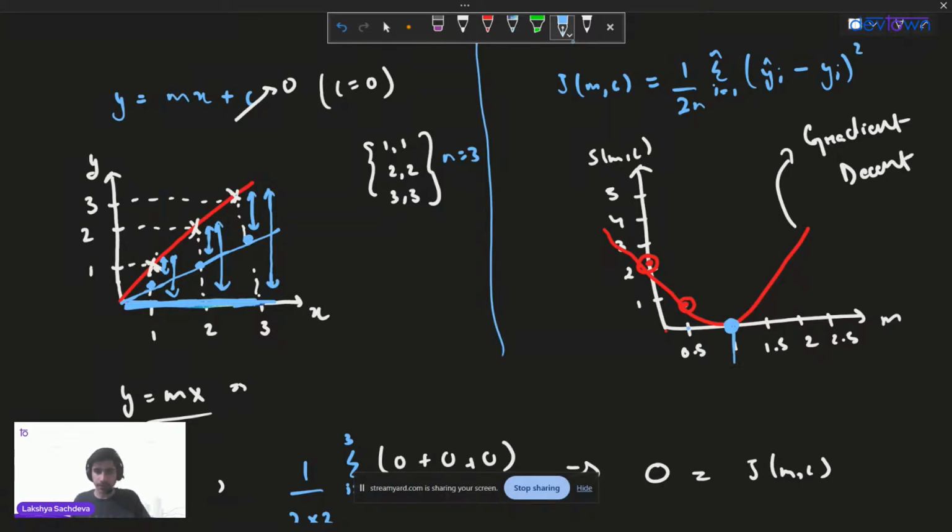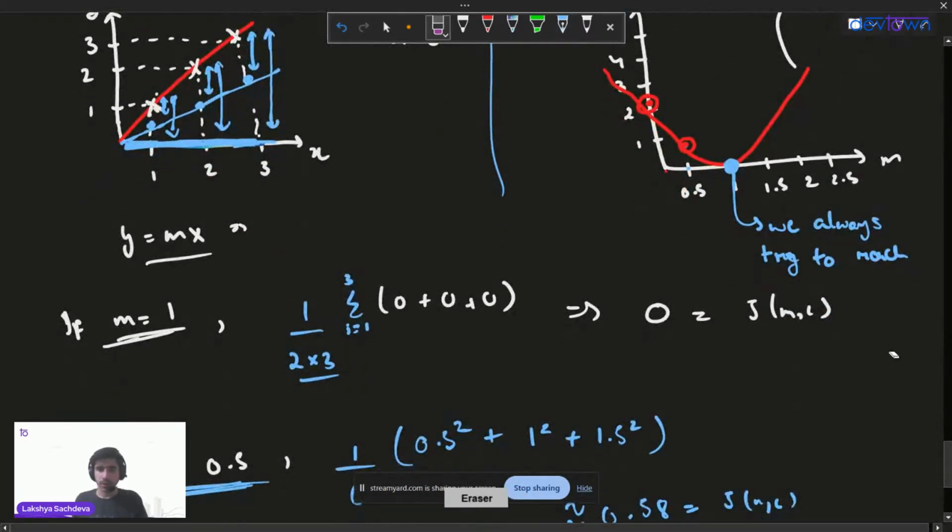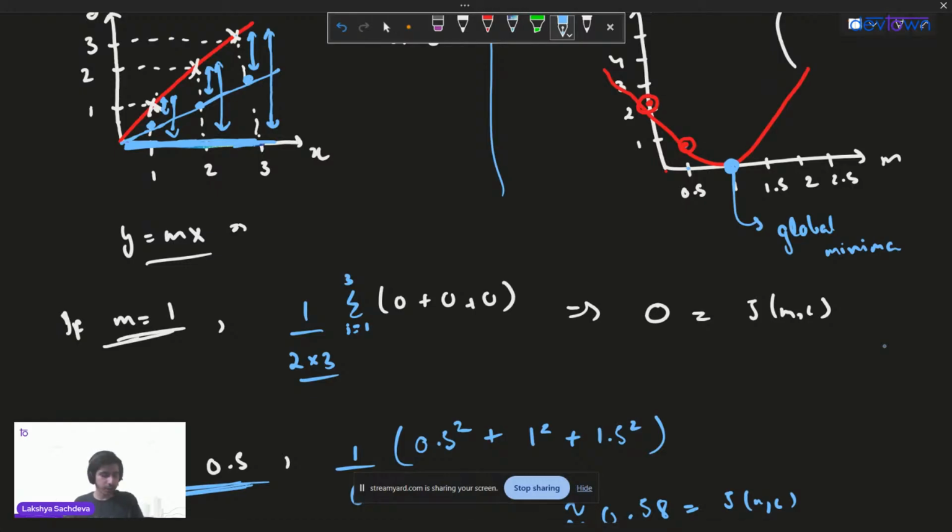I'm just going to mention this global minima. We always try to reach as close as to this global minima.